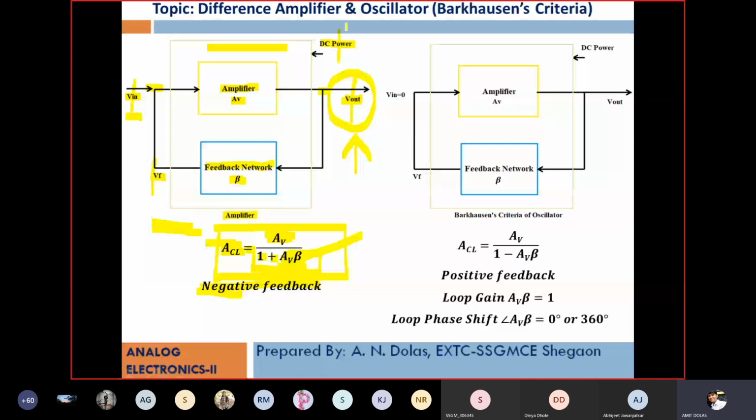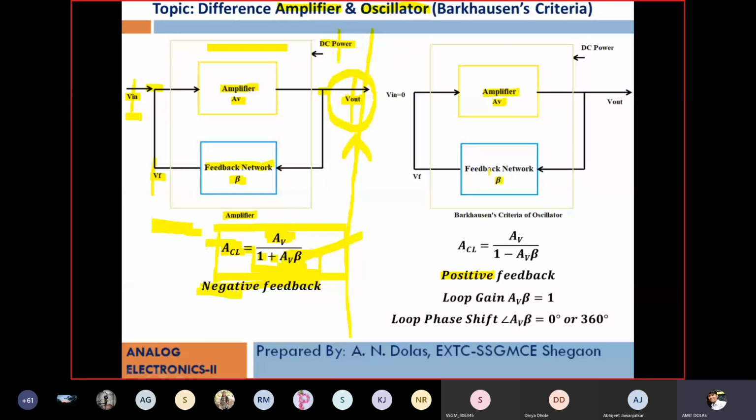We discussed the amplifier in the first figure. In the second figure, coming to the oscillator, in the oscillator also we have an amplifier with feedback, but positive feedback is there. Then we have the feedback network. Here we will have a feedback network of R and C in an RC oscillator.